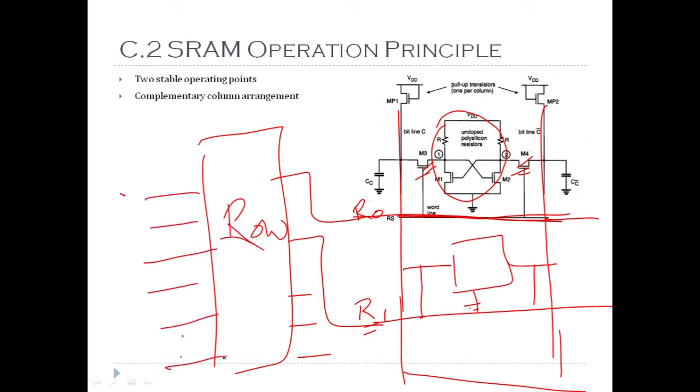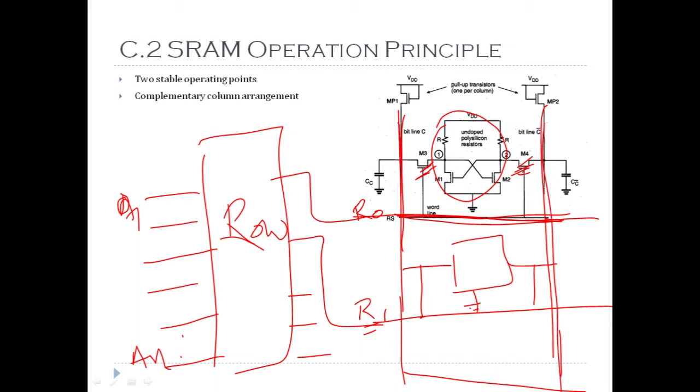For a particular combination of address bits, only one row is activated and the rest of the rows are pulled down to 0. So only one of the rows will be activated, so that the switches will turn on and only one cell can be accessed. Once the cell is accessed, the value can be read using these column lines.